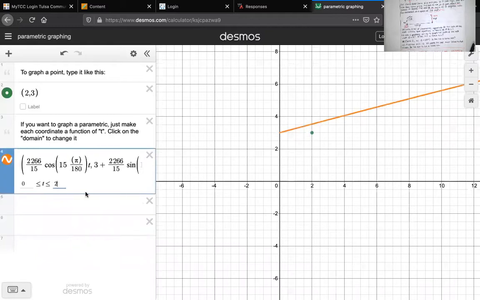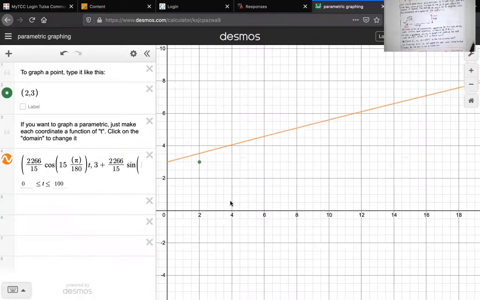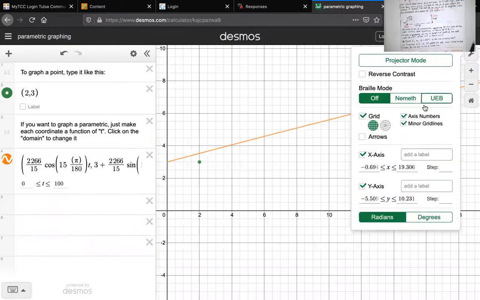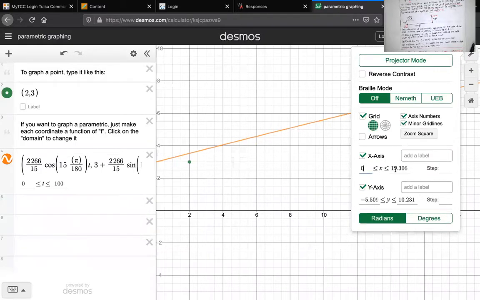I don't want t to just go from 0 to 2. Let's let it go from 0 to 100. And I also want x to have a certain range, so let's mess with this a little bit. Let's let x go from 0 to 420.